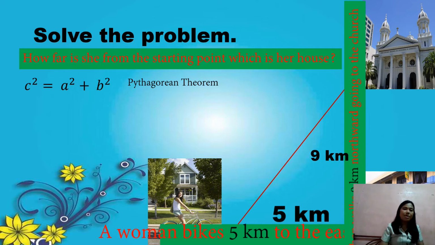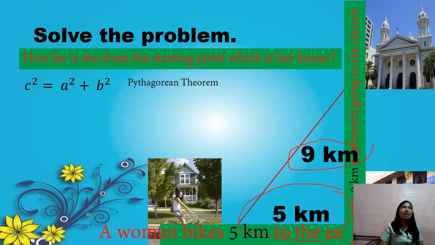It's either A is 5 and B is 9, or the other way around. A is 9 and B is 5.